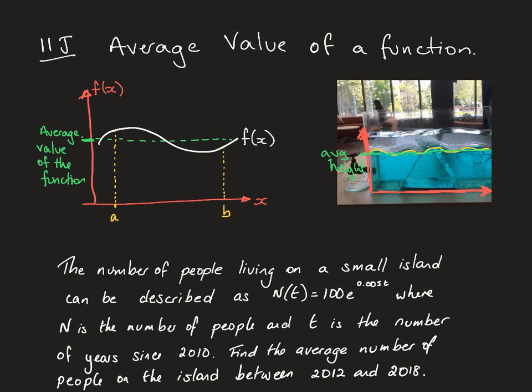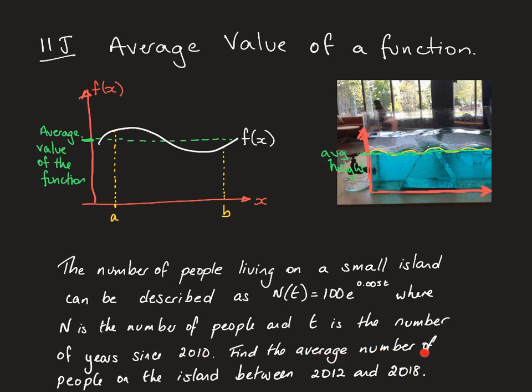So what on earth would we use this kind of thing for? Well, we actually use it quite a lot when we're modelling situations and we want to know an average for a function. So here's a question. It's a little bit contrived, but anyway. The number of people living on a small island can be described as n of t equals 100e to the 0.005t, where n is the number of people and t is the number of years since 2010.